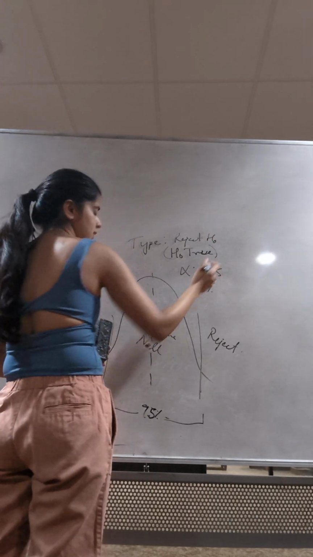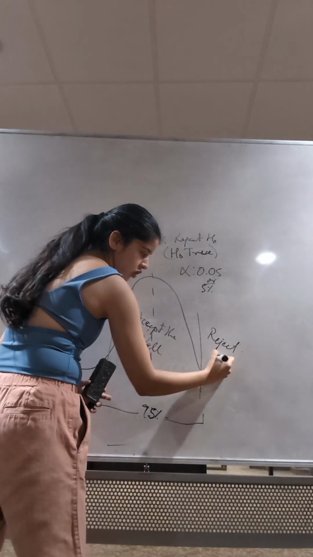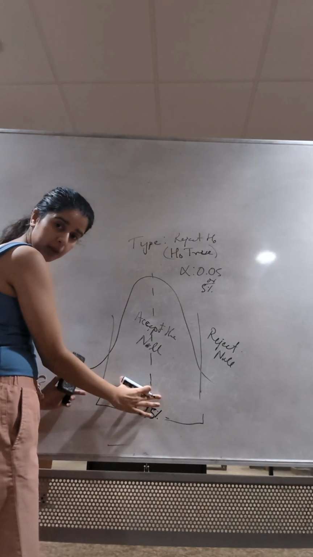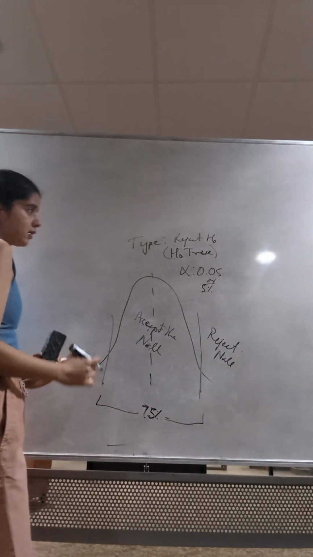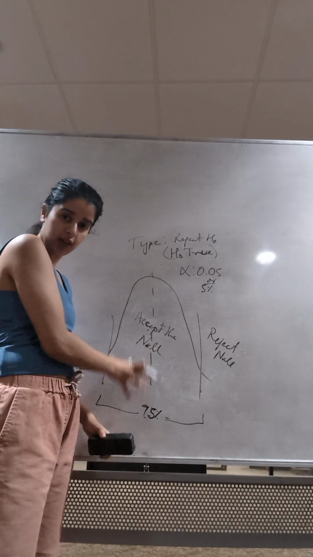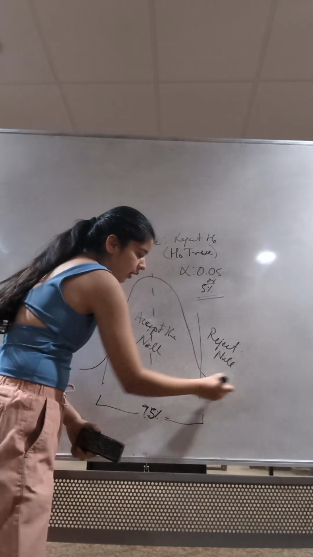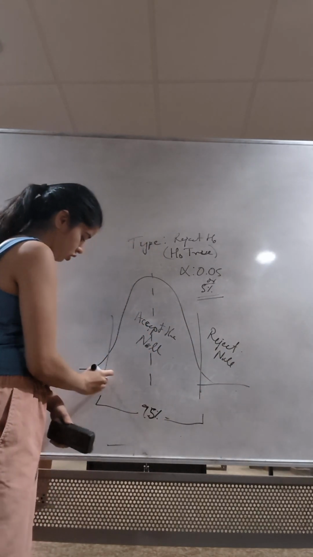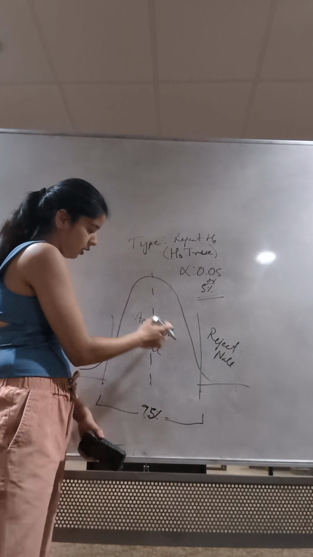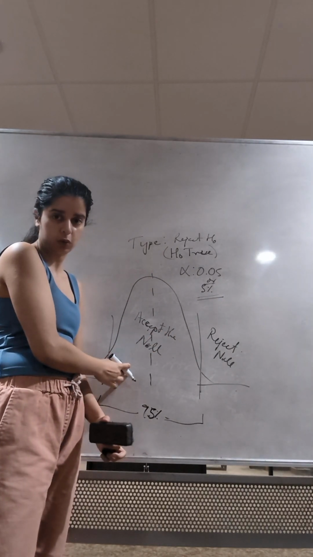So what it basically means is that you have fallen into the zone of rejection, but in reality you should have been here. According to this scenario, you have a 5% chance of falling in either of these rejection zones, when you were supposed to fall into the acceptance zone.